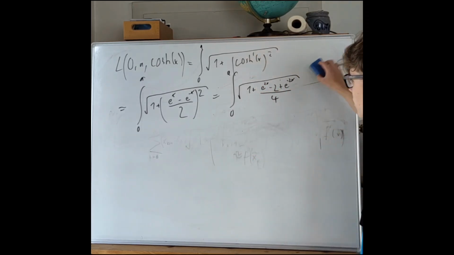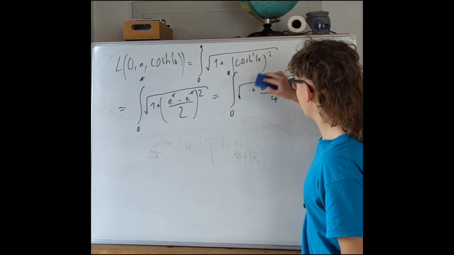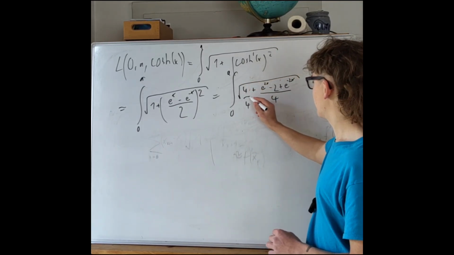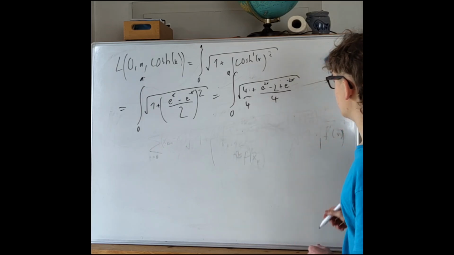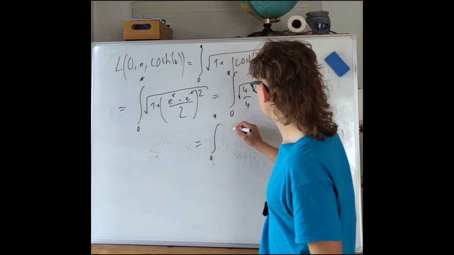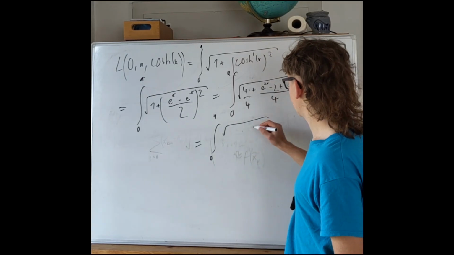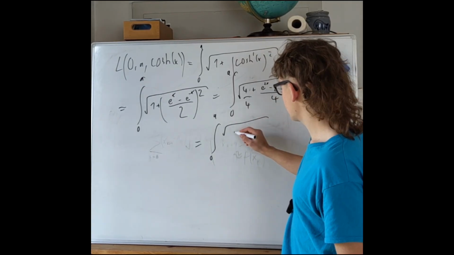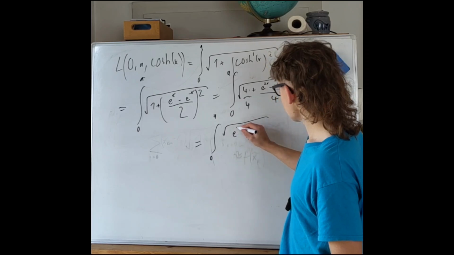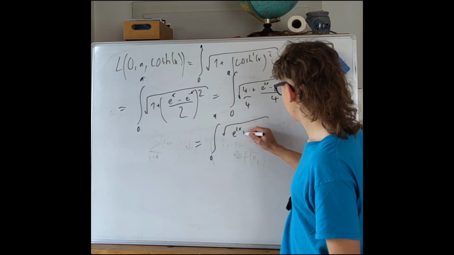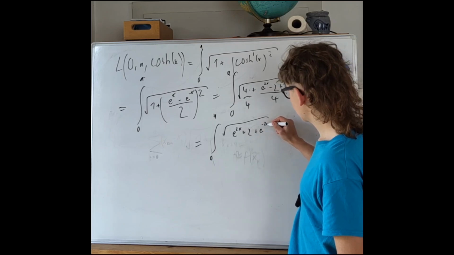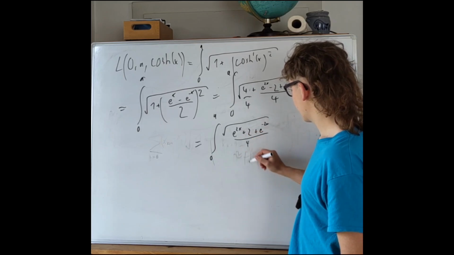So what we can do now is write this 1 as 4 over 4, and then put it all on the same denominator. So this will just be equal to the integral from 0 to a of the square root of e to the 2x plus 2 plus e to the negative 2x, all over 4.